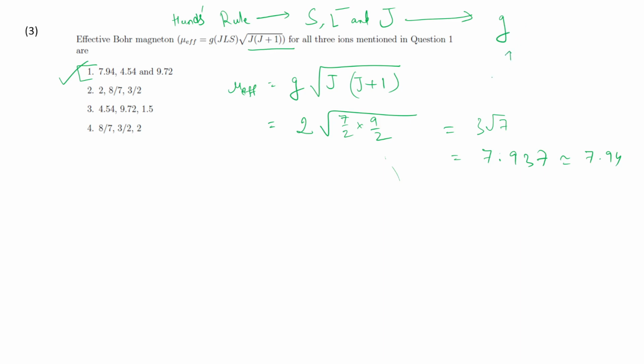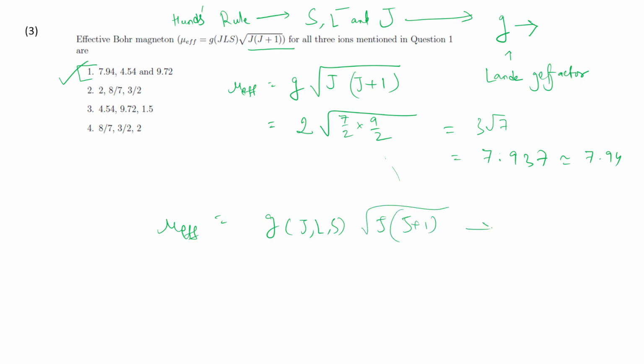Okay, this is called Landé g effective. And using this you have mu effective, so G, which is a function of J and S, times square root of J into J plus 1. So that's all. It is just simple, put the formula, get the answer. Similarly you can do for the other two ions as well.